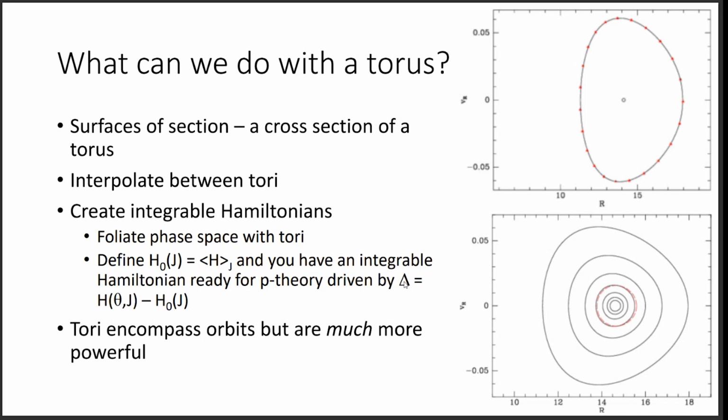You can assign these Hamiltonian values on tori any way you like. I'm interested in a particular Hamiltonian because it's for the galaxy. So I have a narrow-minded view. I want to assign the Hamiltonian value on J by this average value of my real Hamiltonian over the torus, right? But I don't have to. I could imagine other Hamiltonians.